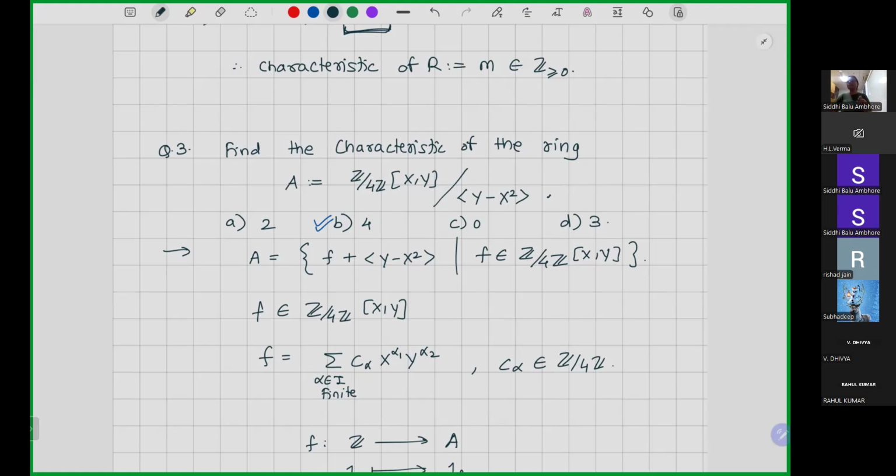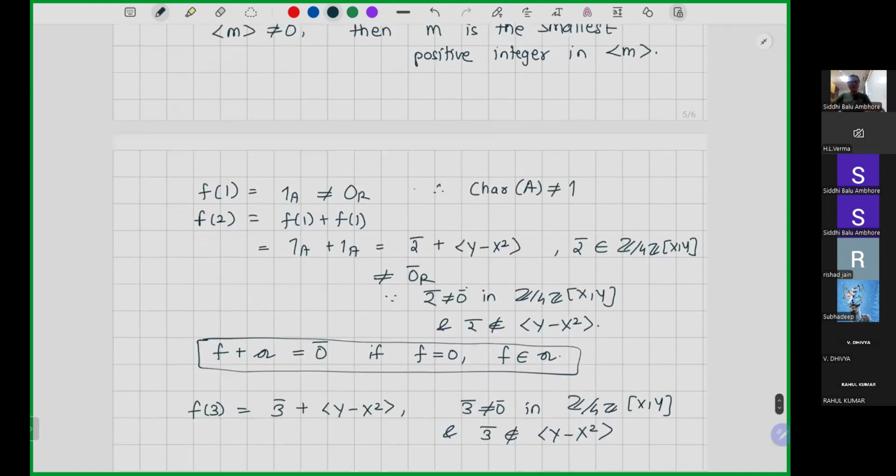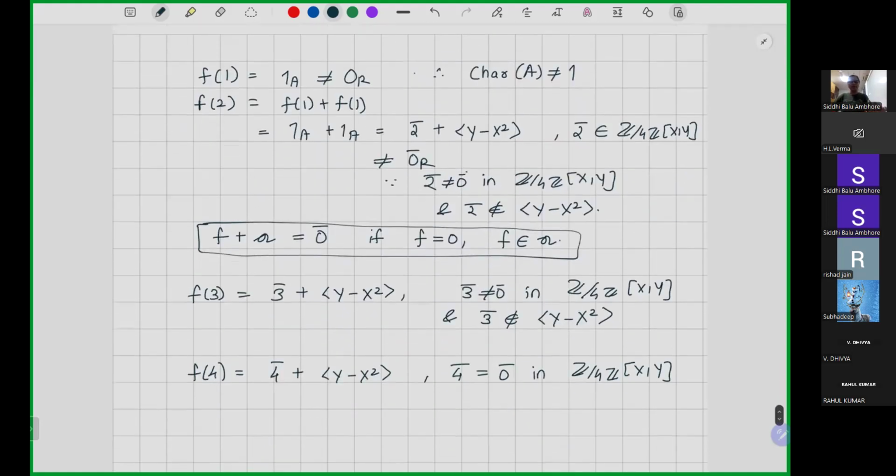But for now, let me just show you how to define this ring in Macaulay 2 and how to check its characteristic there. And we will see how these calculations we did for f of 1, f of 2, f of 3 and f of 4 work there. So let me share this. When you search this, just a second.